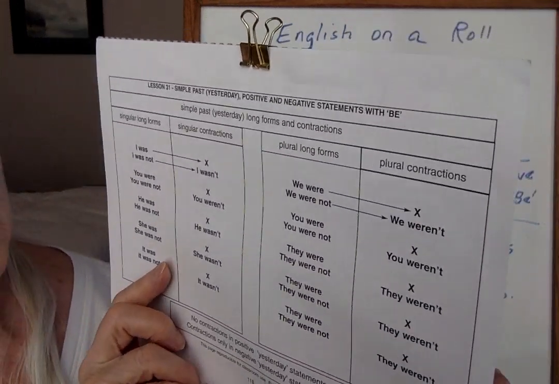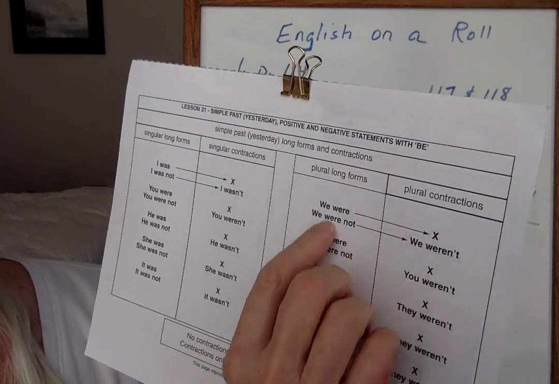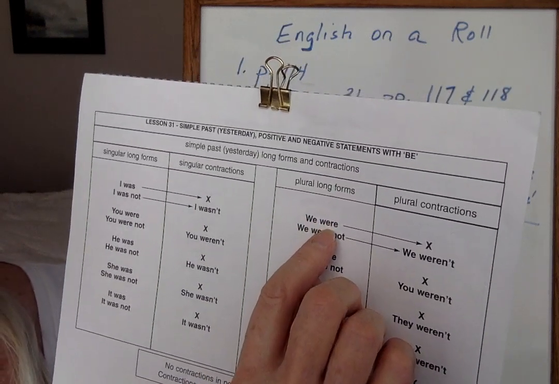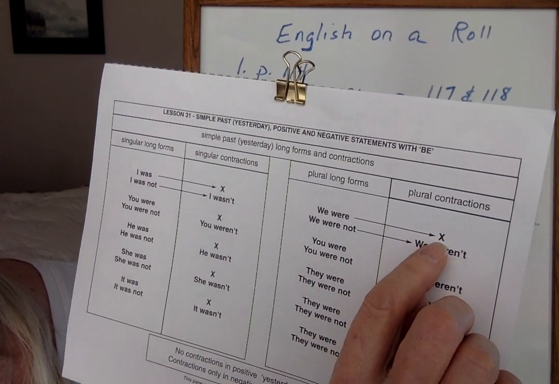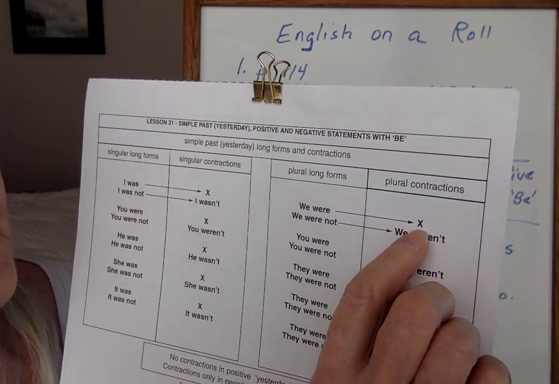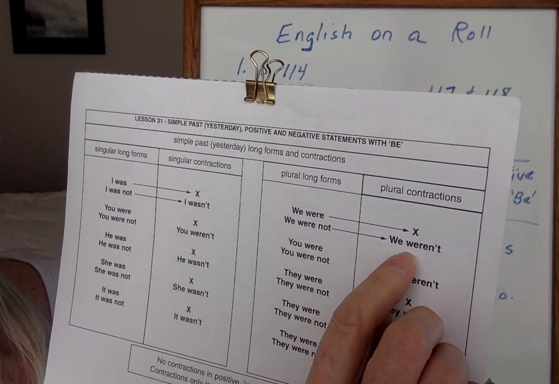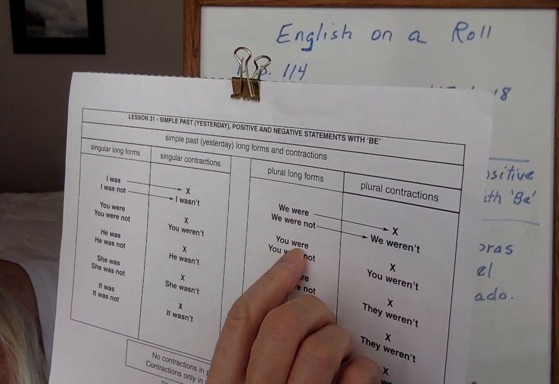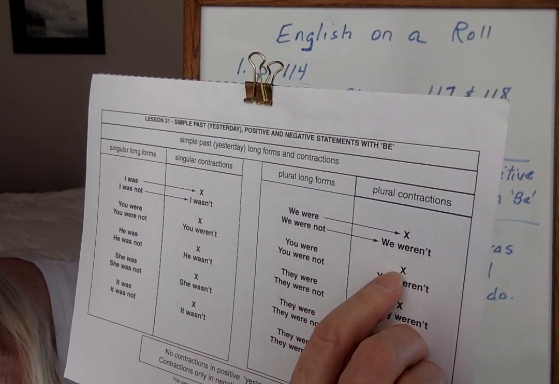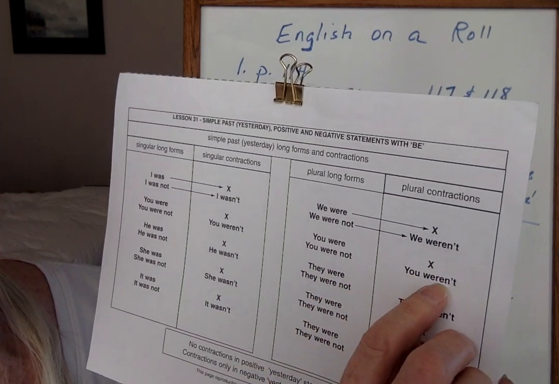Now, here we go to the long forms. We were, there's the long form for the plural. And here again, declaraciones positivos, no hay contracción. We were not, we weren't. You were. Again, no contraction. You were not, you weren't.